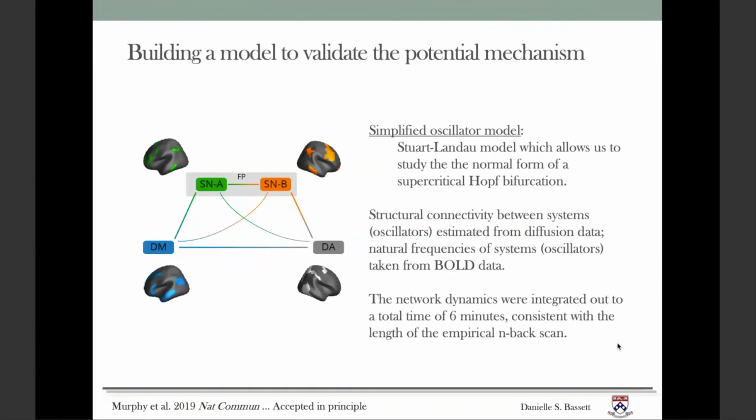And also the natural frequencies of the oscillators are taken from the resting state BOLD data. Lastly, the network dynamics were integrated out for a total time of 6 minutes, which is consistent with the length of the empirical n-back scan, so that we were measuring the same amount of data.